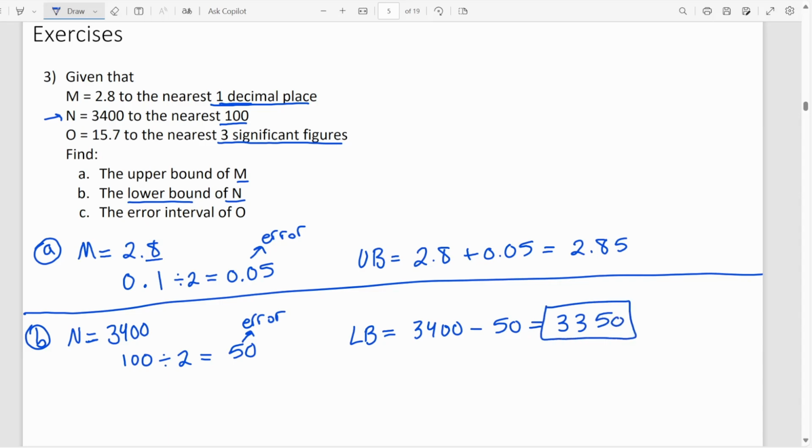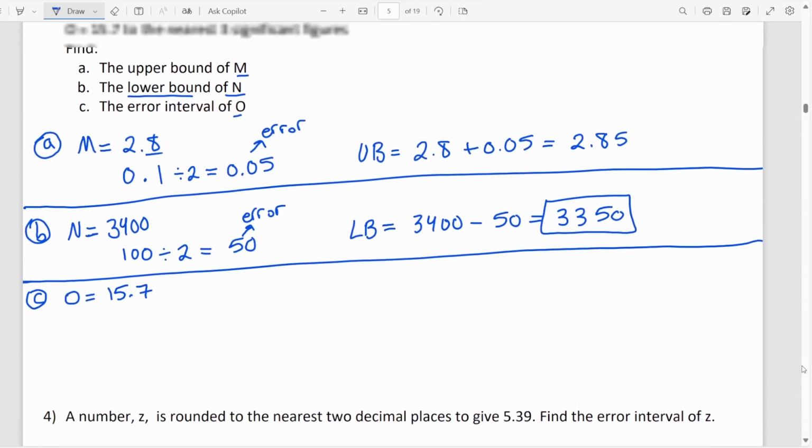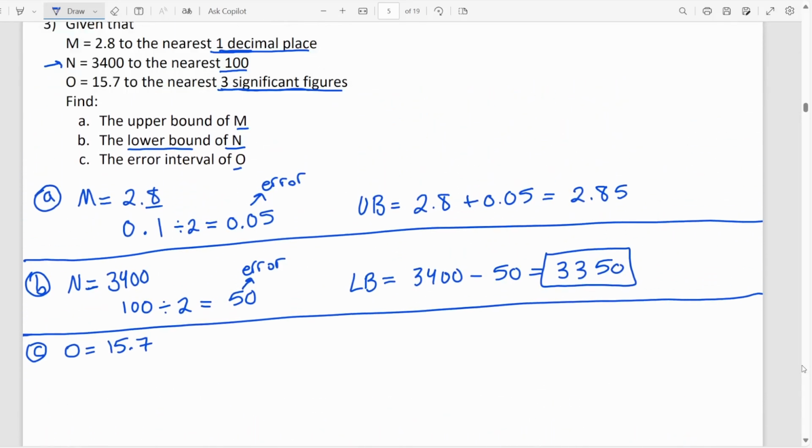Okay, finally, part C. The error interval of O. So let's write O down. It's 15.7. And this is to the nearest 3 significant figures. Okay, I'm gonna go down a little bit. Okay, so we're gonna count to find the third significant figure.